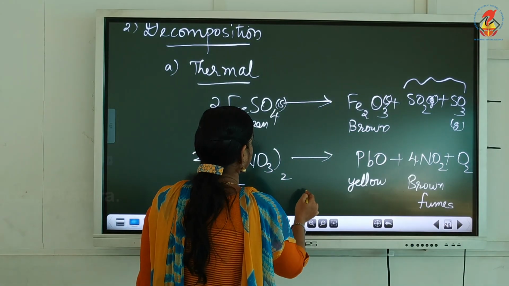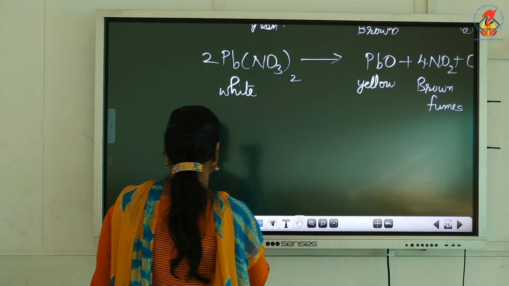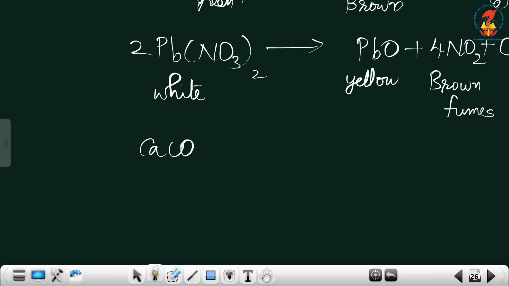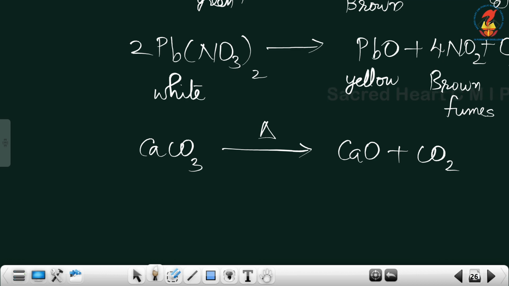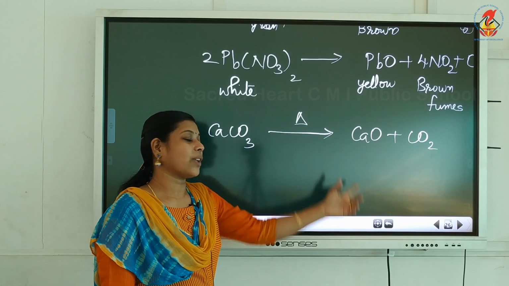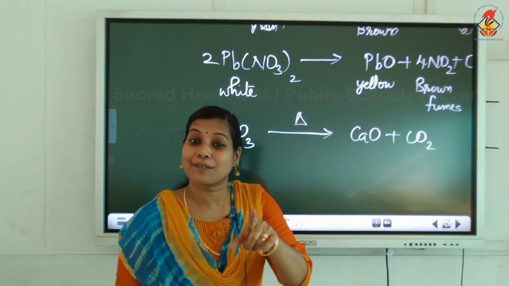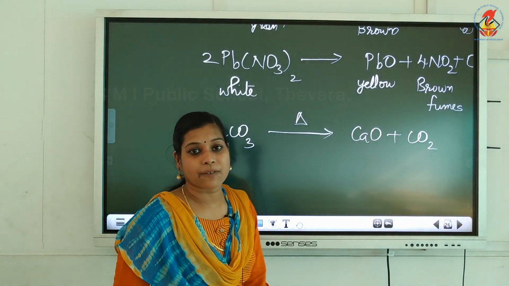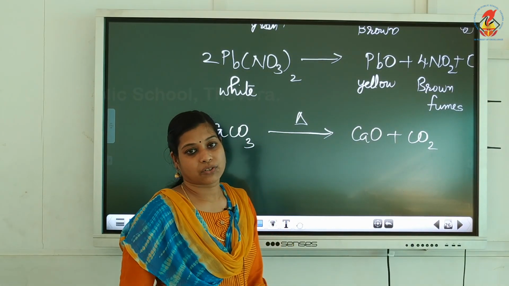Then one more example which is familiar to you, calcium carbonate on heating. On heating, we can show with delta, calcium oxide plus carbon dioxide. This is a familiar example for us because we have taken this equation for studying the law of conservation of mass. So this is also an example of a thermal decomposition.